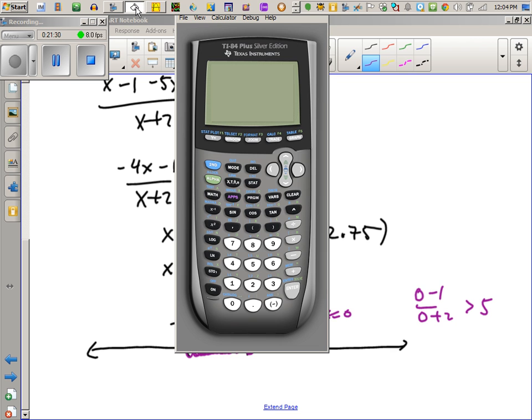So just turn it on. Type in your function. It was negative 4x minus 11 over x plus 2. Graph it.